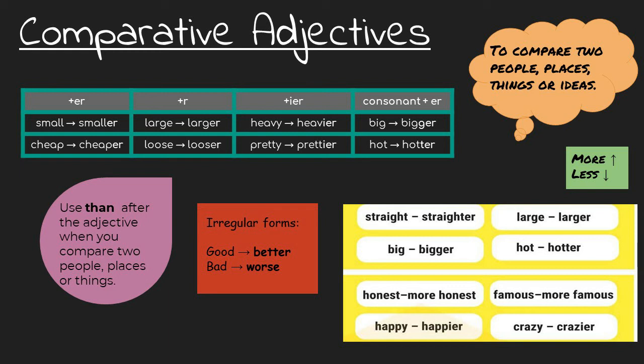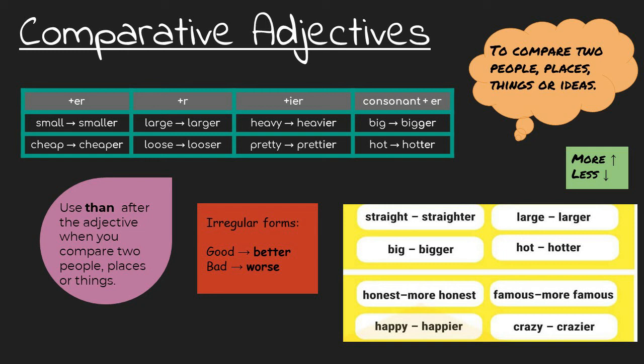Now, what happens if we have one consonant? So we have to add another consonant plus E and R, right? For example, we have big, so you can see that big ends with one consonant, right? So you need to add another consonant.